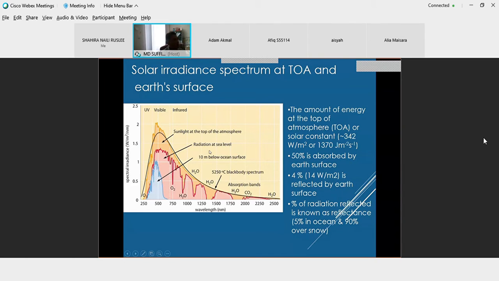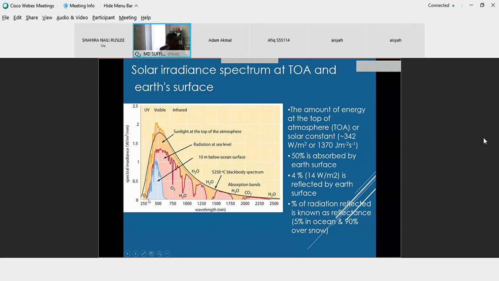So kalau kita tengok kat situ, tak semua yang akan sampai. You nampak di situ H2O. This one is absorbed by H2O. Kalau you nampak kat sini, at the top of atmosphere, dia peak dekat green. And then bila sampai dekat atmosfer bumi, setengah-setengahnya dia tak sampai ke permukaan bumi, because of the absorption by atmospheric gases, such as H2O, carbon dioxide and oxygen.